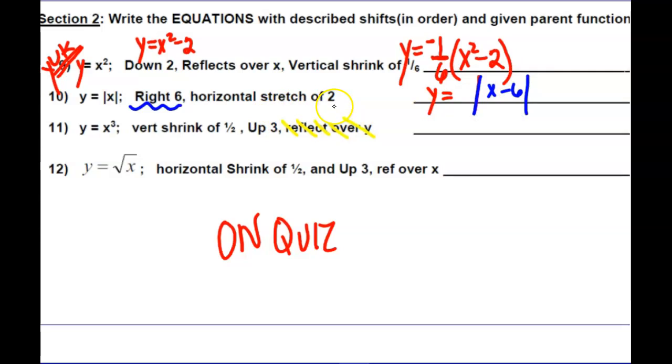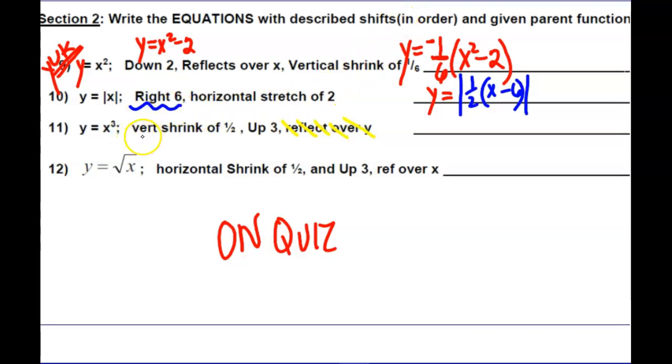Horizontal changes are also inside, so they're the opposite of what they seem. So instead of multiplying by a 2, we're going to multiply by a what? 1/2. I don't have room to put that. Now, to do it in the order they want, I would put the 1/2 like this. You actually could put the 1/2 on the outside and it wouldn't matter for this absolute value graph. All right, these are more complicated than I thought.